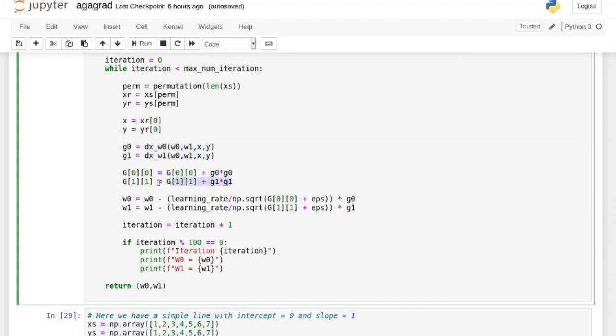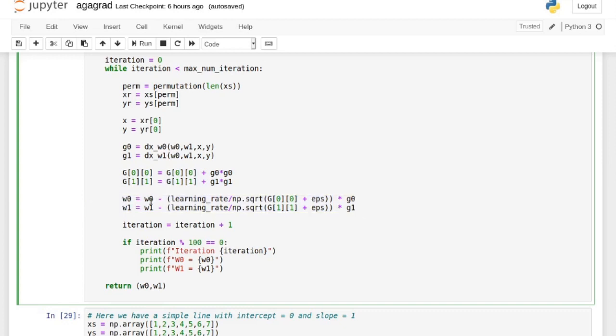Here this is the important part where we update the diagonal of the matrix. So we update it by doing the gradient times the gradient, and then summing it up. So we're doing a running sum like this. And over here this is the important part. This is where the update is taking place.